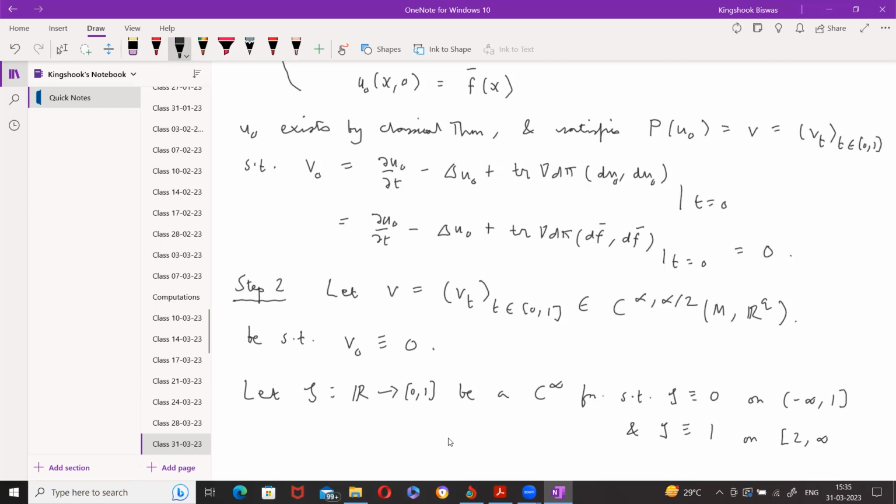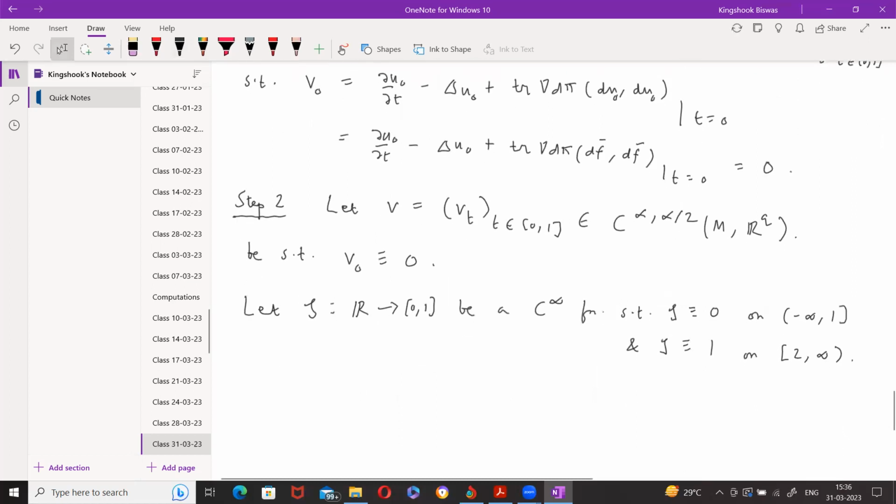This is just a function of time. You think of zeta as a function of time t. So the graph of zeta looks like this.